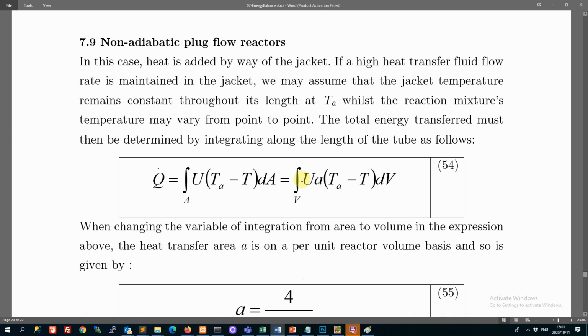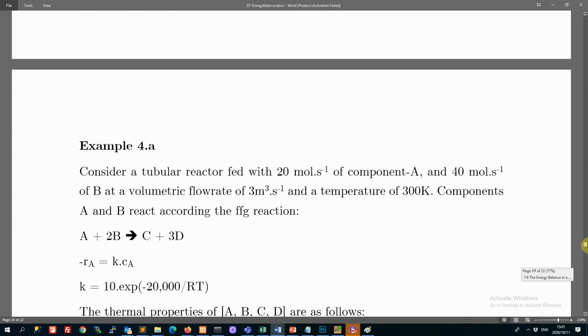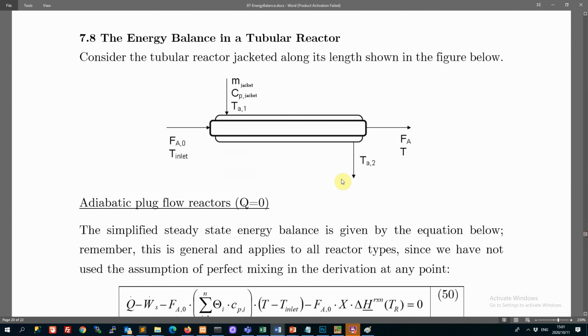Now, if we are adding heat to the system, then we have to say that at each stage along the tube, we are experiencing heat transfer. So let's say we pick a point here, then there does exist a temperature in this jacket, T_A at that position Z, and there does exist a temperature in the reactor.